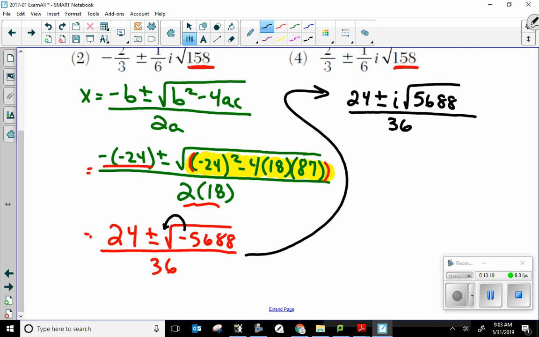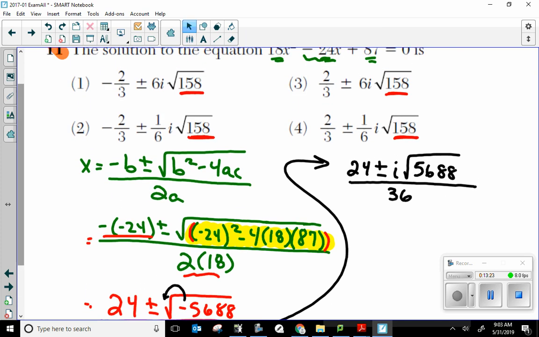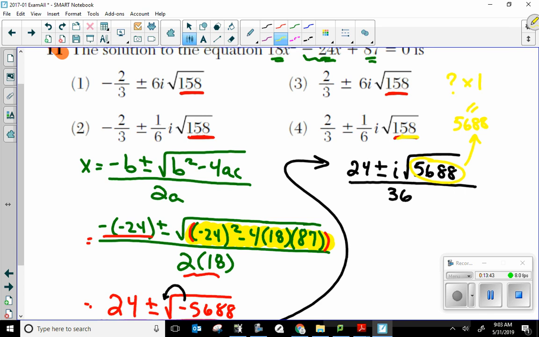Now, I'm going to try and find the biggest perfect square that goes into 5688. Okay, I've got to kind of reduce this radical. When I factor this, one of the factors is going to be 158. So 5688 actually equals something times 158.